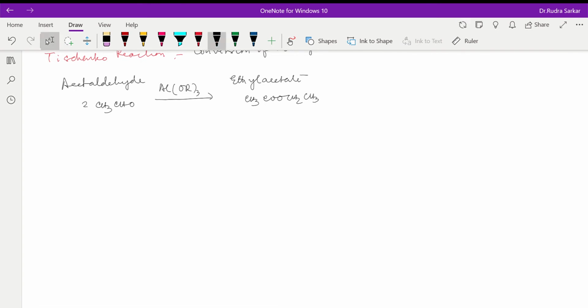Now, Tishchenko reactions and Cannizzaro reactions are almost very similar. Both are disproportionation reactions.